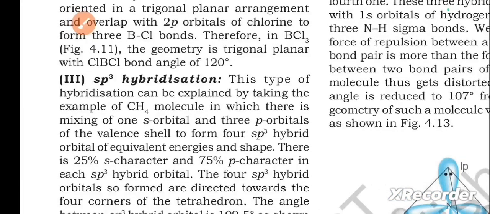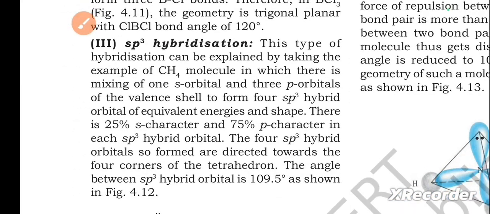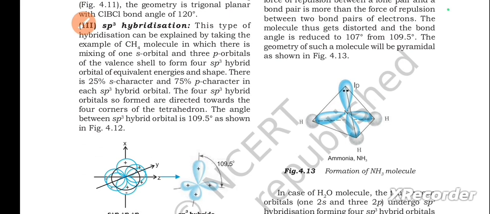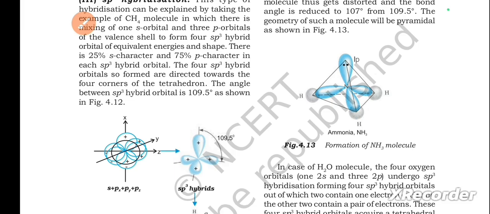Next, sp3 hybridization. This type of hybridization can be explained by taking the example of CH4 molecule, in which there is mixing of one s orbital and three p orbitals of the valency shell to form four sp3 hybrid orbitals of equivalent energies and shape.